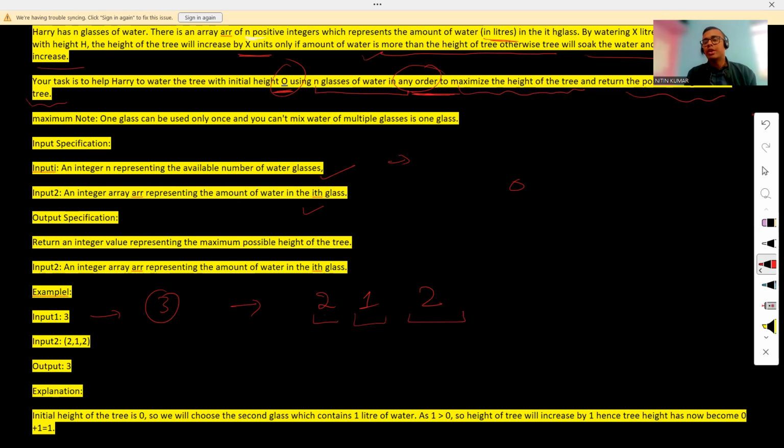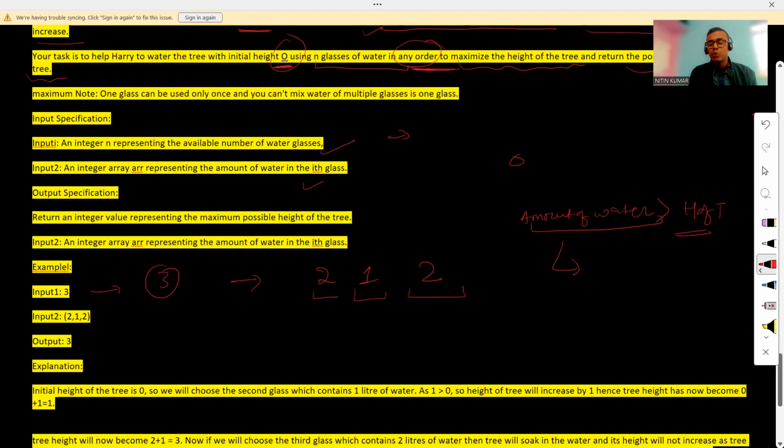Now we have to pour on the tree to get the maximum height, but there is a condition that the amount of water we are pouring should be greater than the height of the tree. Then only the height will be increased by the amount of water we pour. Otherwise, there will be no effect on the tree. The tree will soak it up, and ultimately it is nullified. So this is the case that we have to remember here.